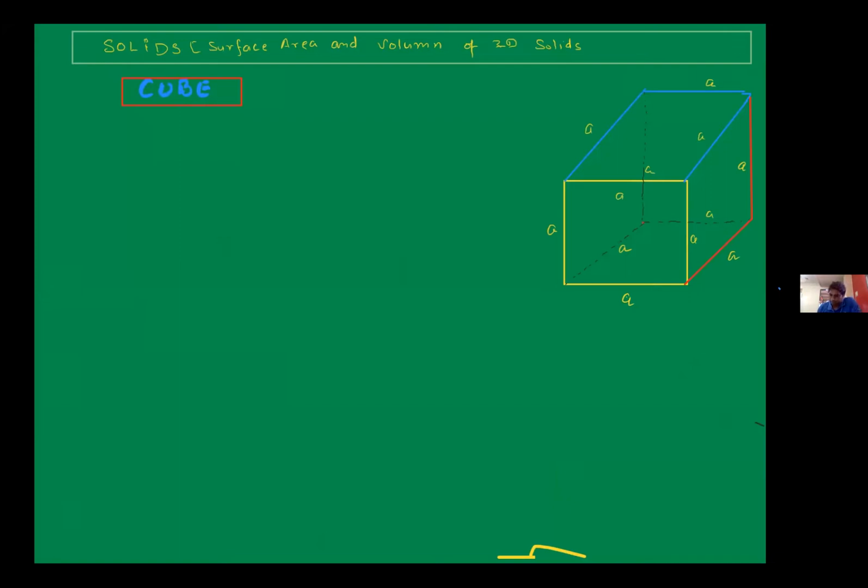So what will be the volume? The volume of the cube will be length into breadth into height. Length is A, breadth is also A, and height is also A. So that will be A cube.